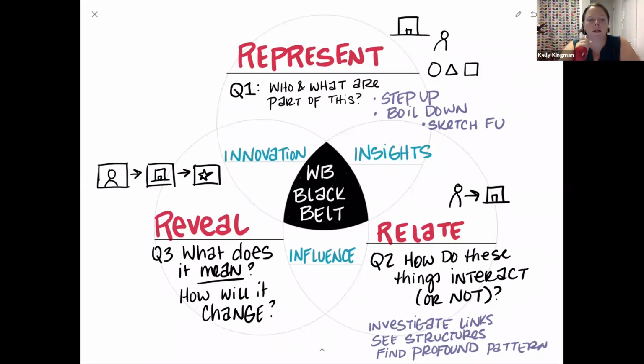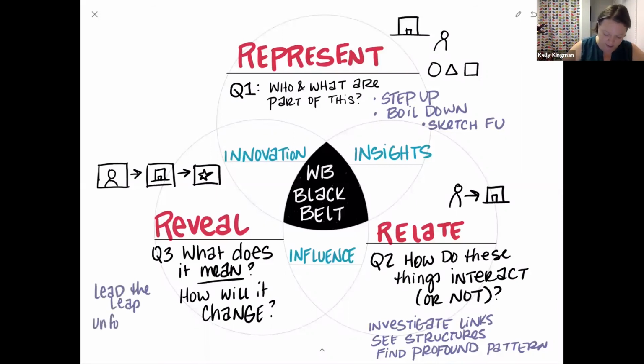And then to spot the profound pattern is about finding what repeats and what is relevant. And that feeds right into reveal, which is leading the leap, what's next. And we have unfold the story.